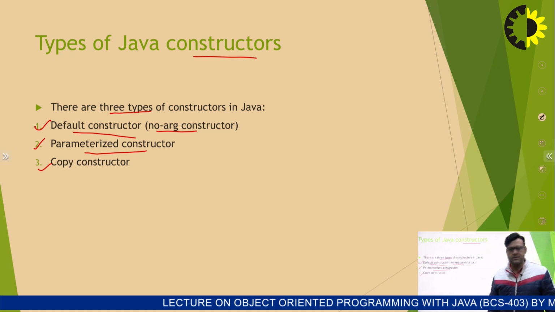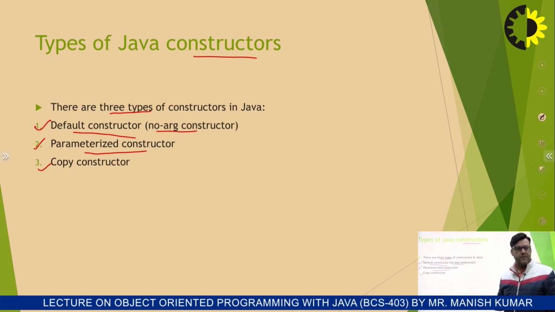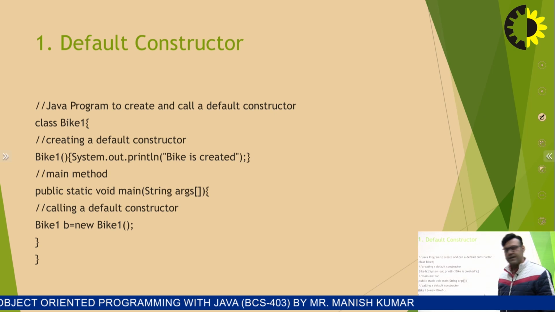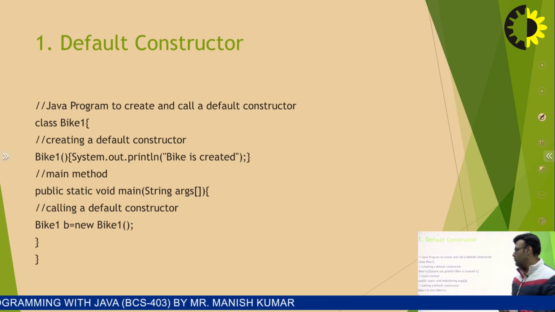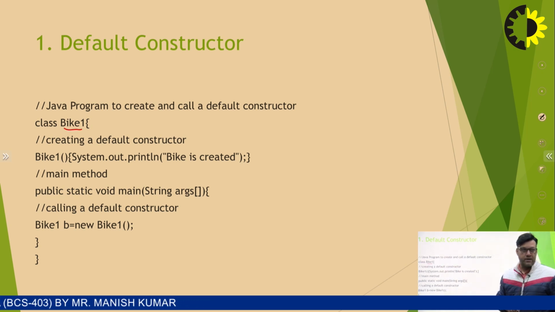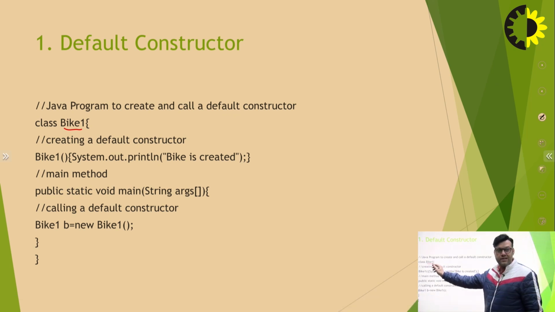Let us understand with the help of an example what default, parameterized, and copy constructors are. In this default constructor example, how do we create it? I have just made a class. The name of the class is bike1, so obviously the name of the constructor should be bike1.